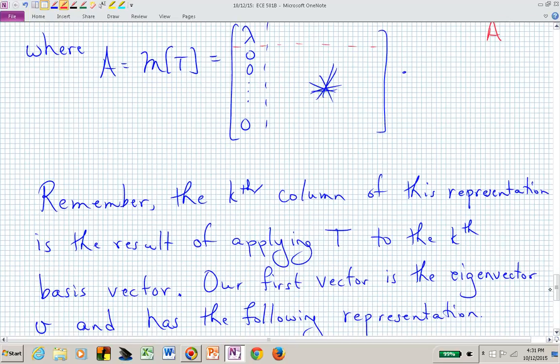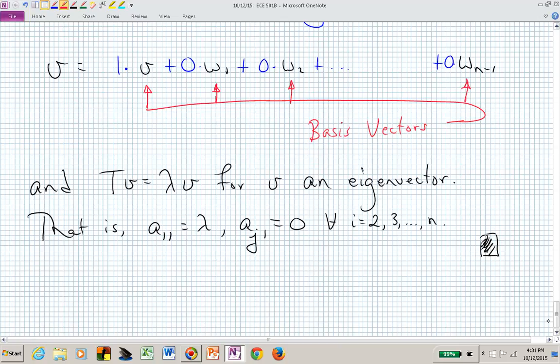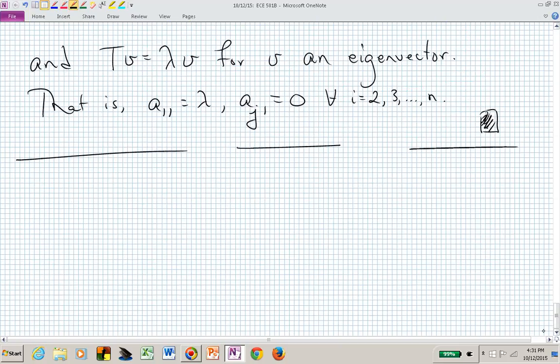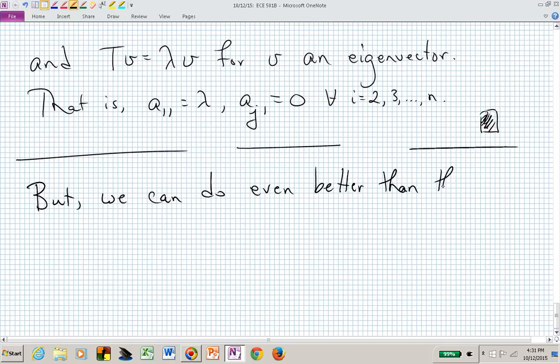And hopefully you can now see that when we're living on a finite dimensional complex vector space, we can start to come up with more than just this one diagonal entry being non-zero and everything below it zero. Meaning we can do even better than what we just did.